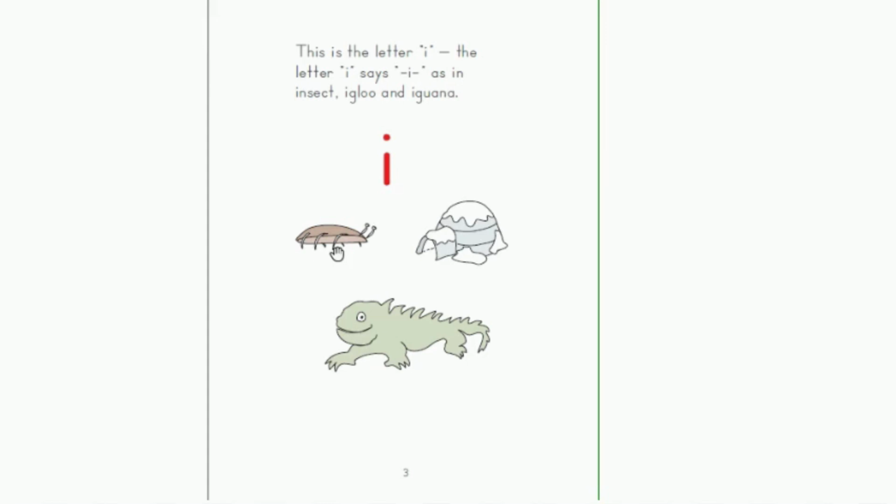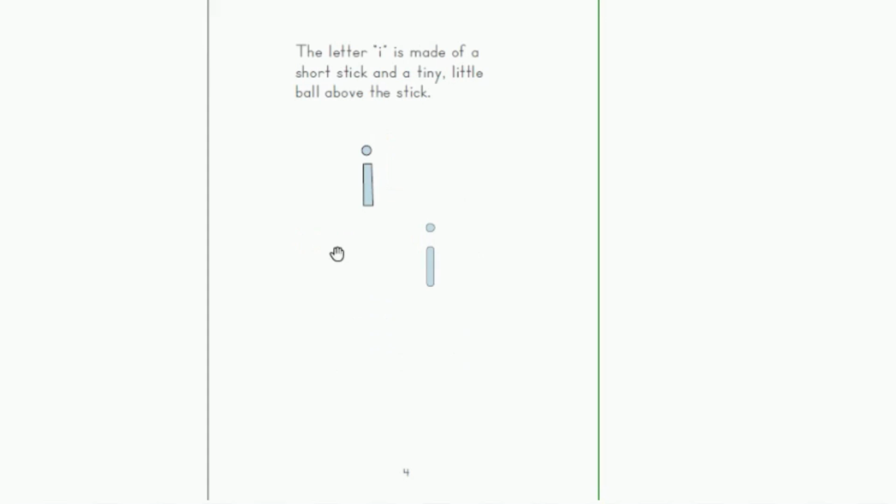Okay, now let us see how to make the letter I. Always we learn letters with shapes. All our letters have a stick and a ball.